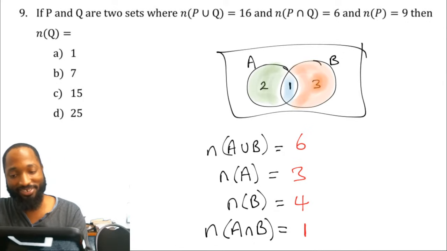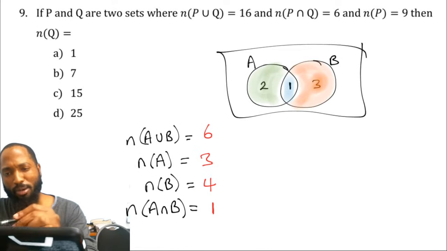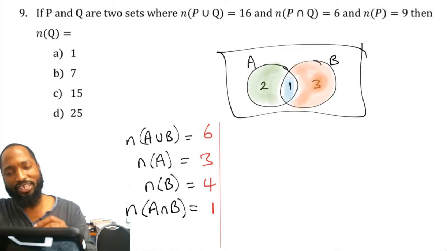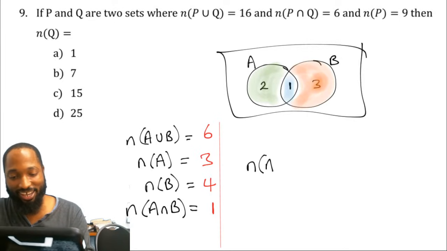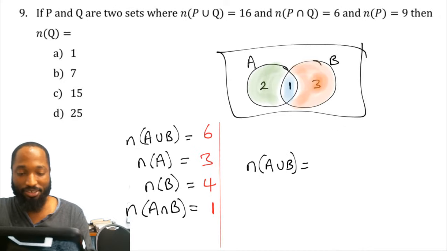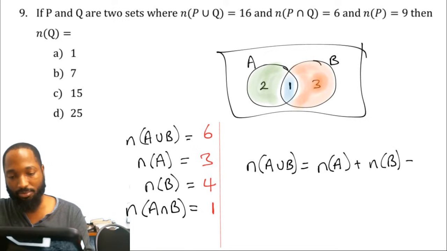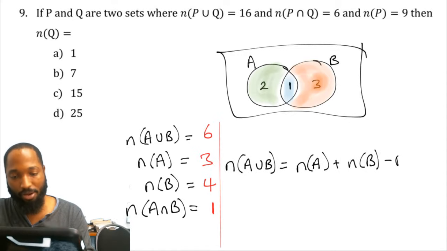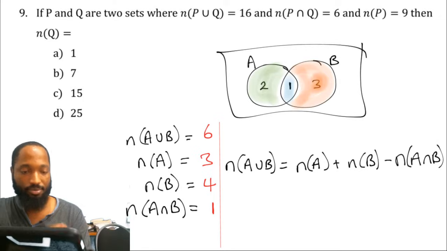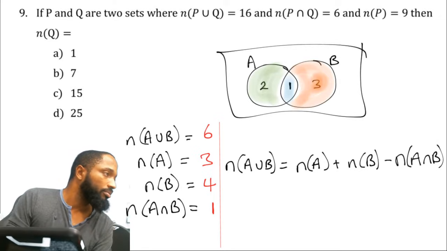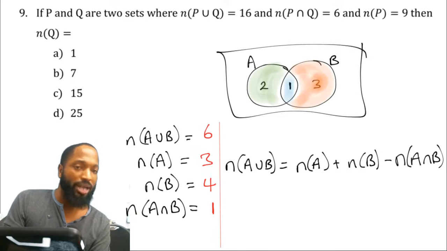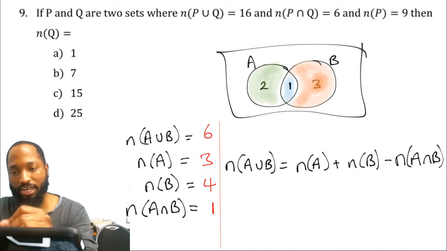So the formula, which I just remembered, or maybe I remembered it all the time, but I'm using a little discovery type learning here for you all. The formula says that n(A union B) is equal to the number of elements in A plus the number of elements in B minus the number of elements in A intersect B. Let me just use our little numbers to see.